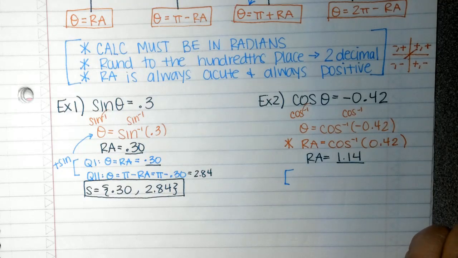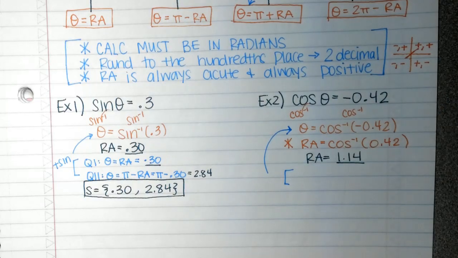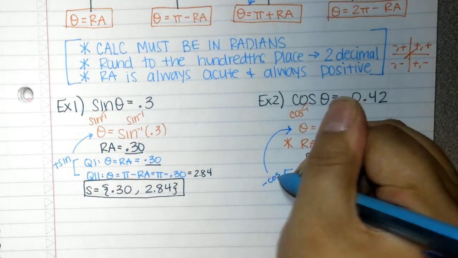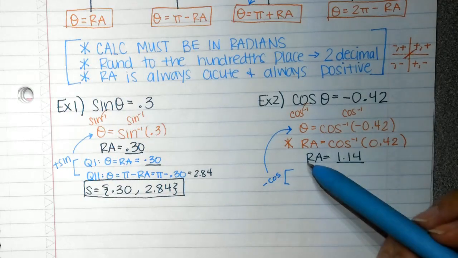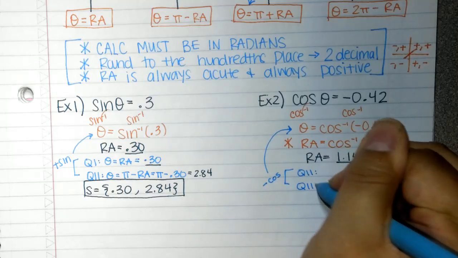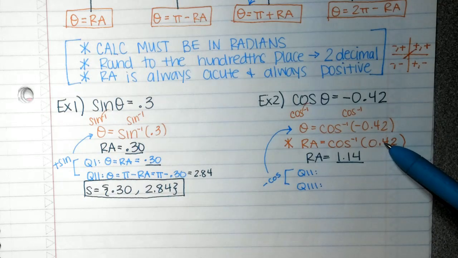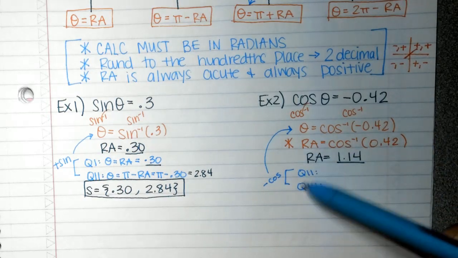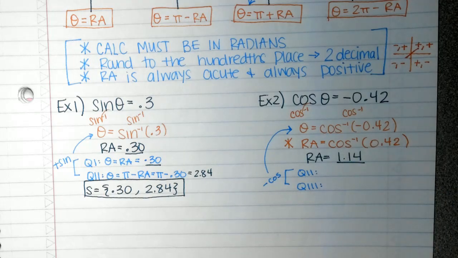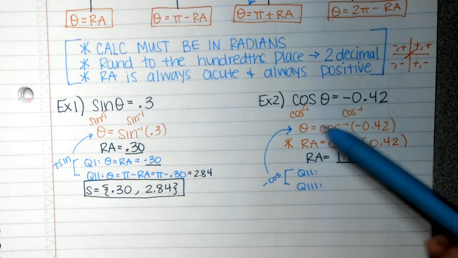Go back to your theta, not your RA. What is my theta? A negative cosine. Where is cosine negative? Quadrant 2. Does everybody see how you can get confused on this? You're going to have to be very careful. You cannot put a negative in the calculator, but you also are using for your quadrants that original. Write your notes like I'm writing my notes so that when you go back and look at these later, you know where the heck I'm getting things from.